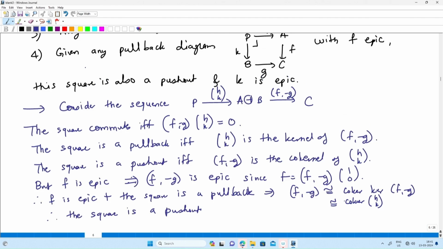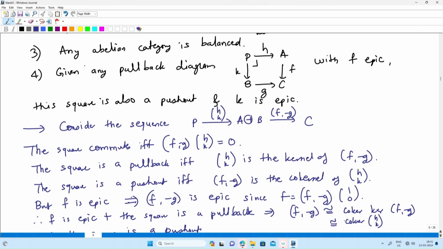Let me make some changes in this diagram itself and add a bit of notes. I want to show it's an epimorphism, which means if I take its co-kernel, let me call this Q, the co-kernel of K, what do I need to show it to be? 0. Now I should first complete it to a commutative diagram.